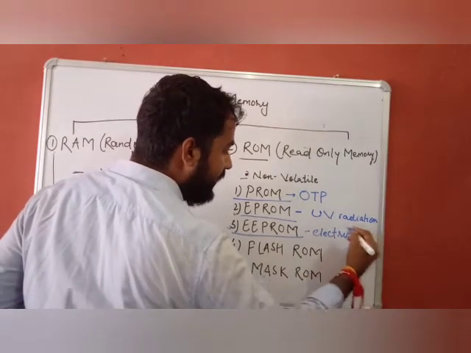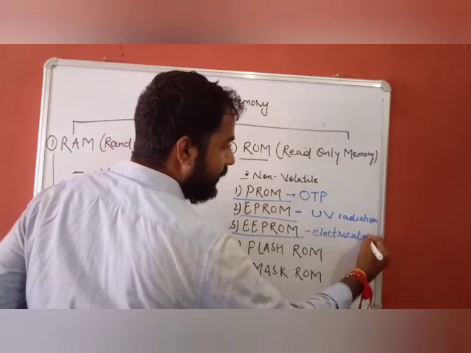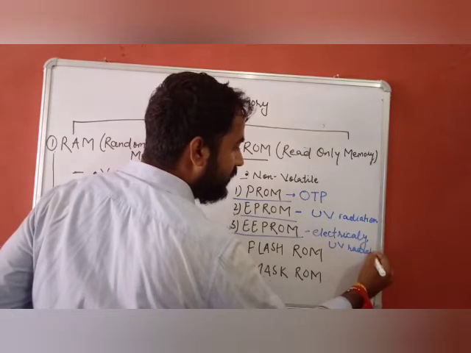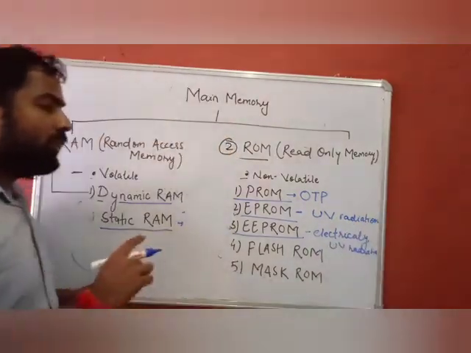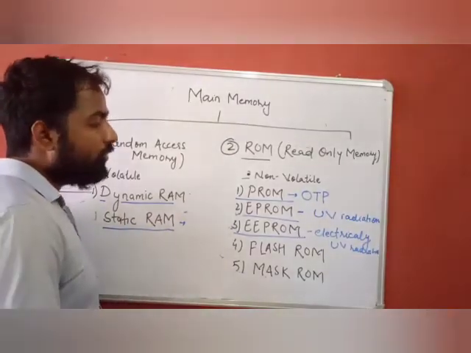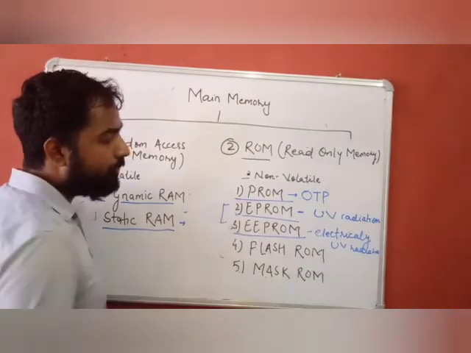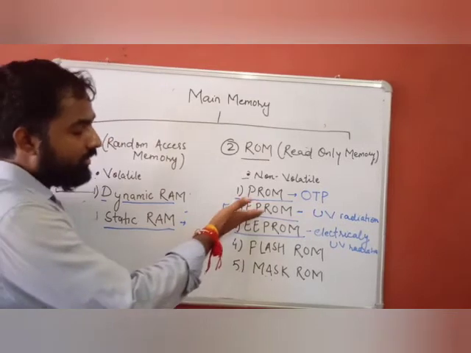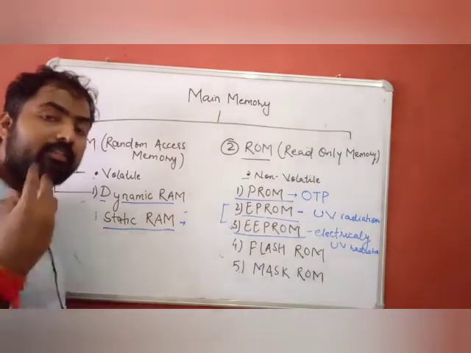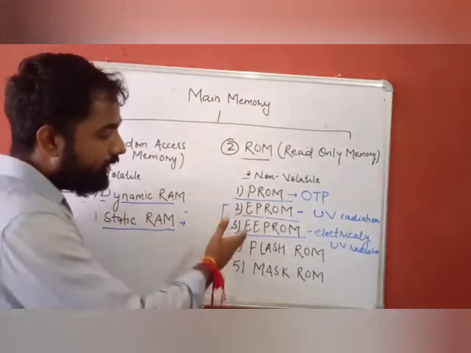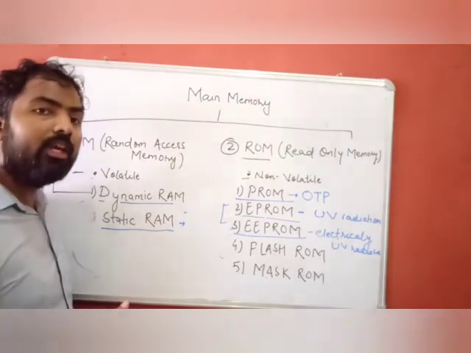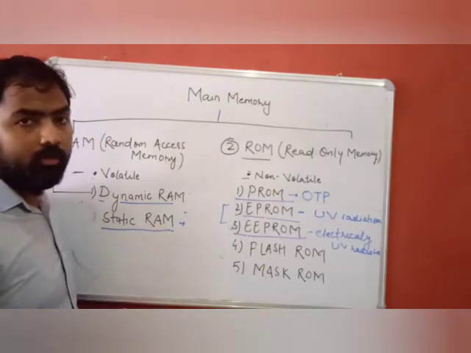If you are programming this ROM electrically rather than using UV radiation, that ROM is EEPROM. Now, see the basic difference between EPROM and EEPROM. When we erase data from the EPROM, we can erase only some bytes of data. But in EEPROM, we can erase the full data from this ROM.